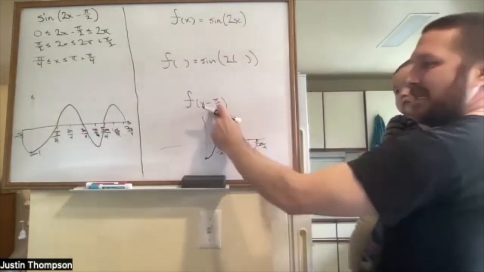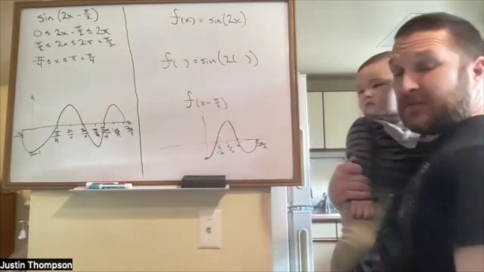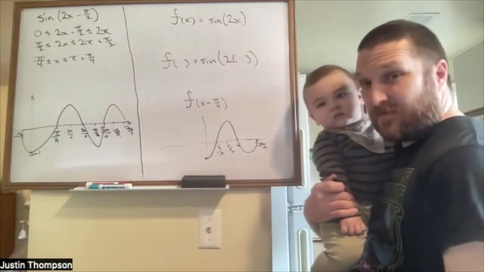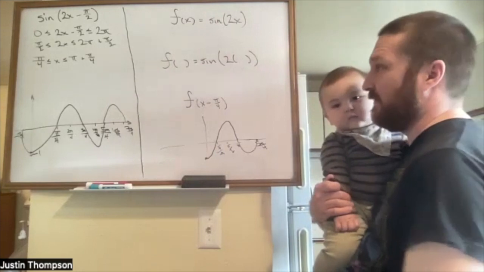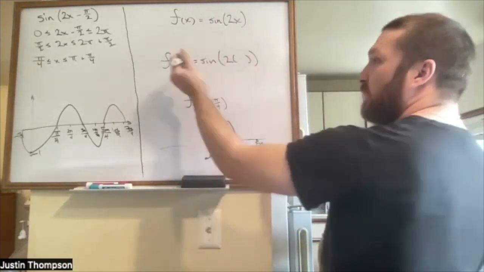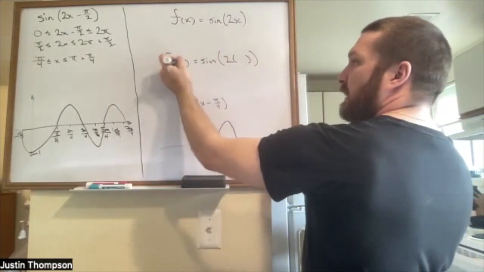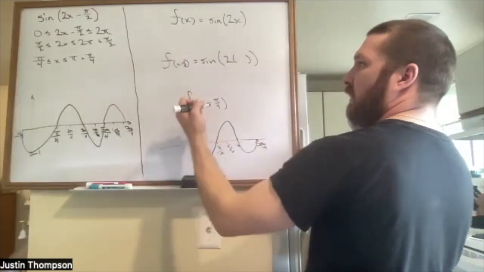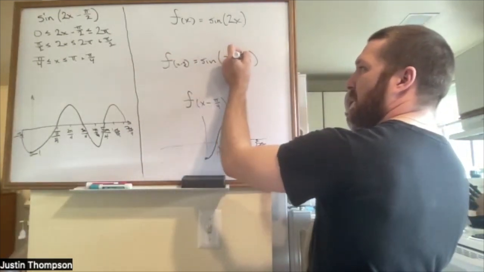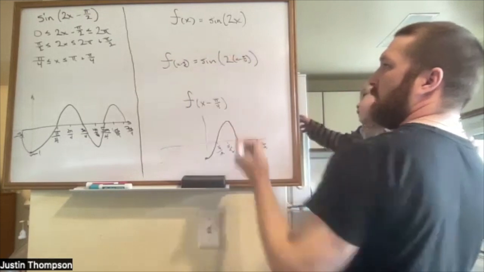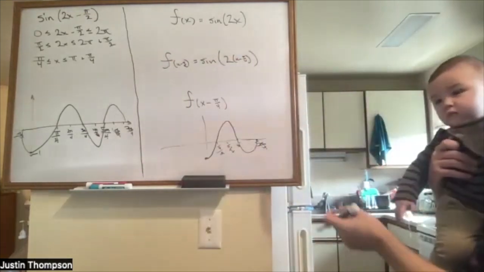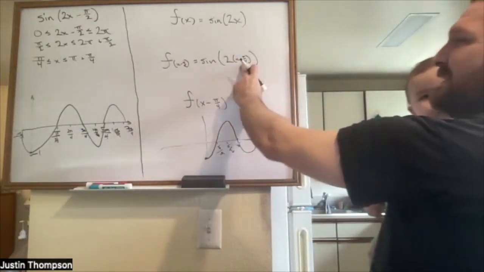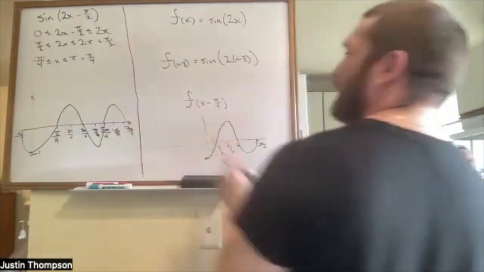And when I plug this in right here, please use parentheses. You really want to use parentheses. And so x minus pi over 4 gives you an x minus pi over 4. And you'll notice that this is the exact same thing as this.